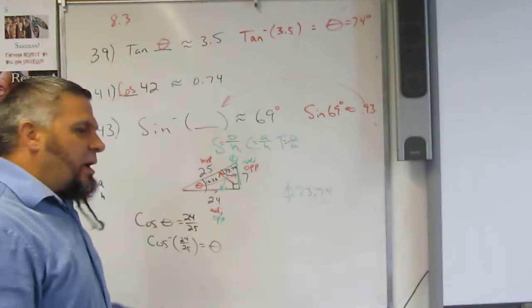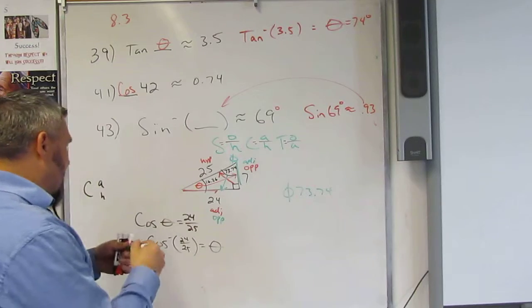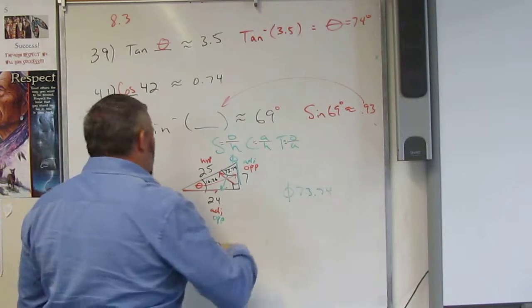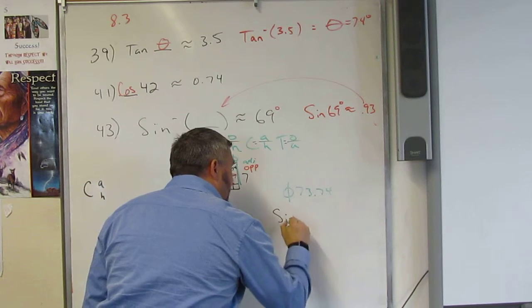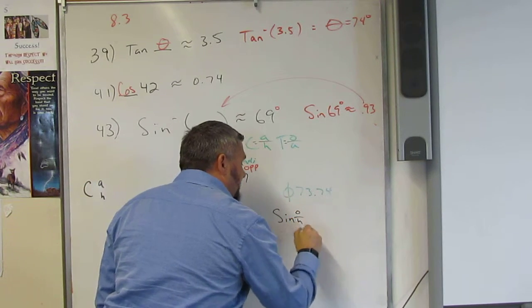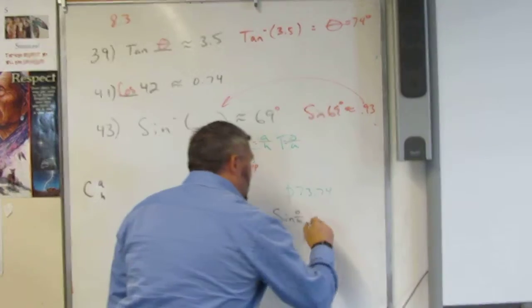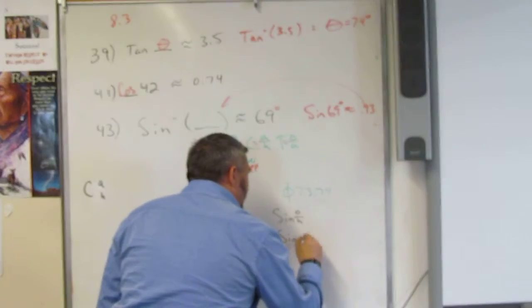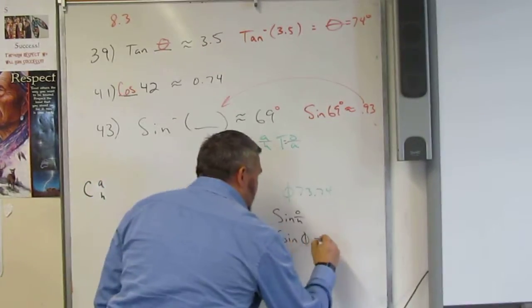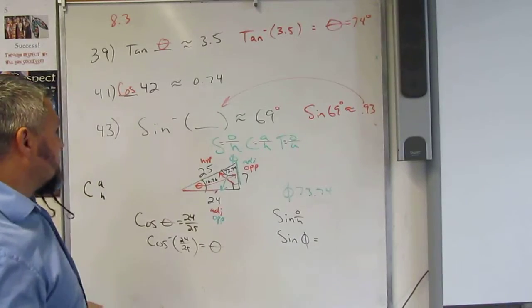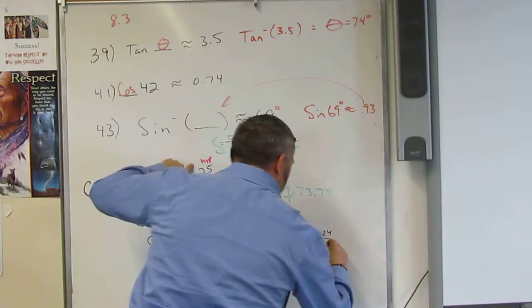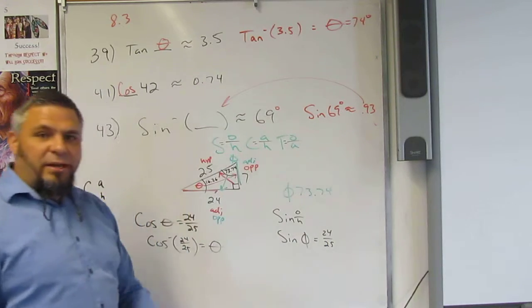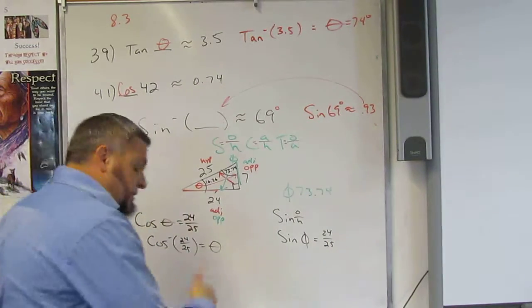But I could have found it just like I found this, with cosine or sine. Sine is opposite over hypotenuse, so sine phi is equal to opposite 24 over hypotenuse 25.